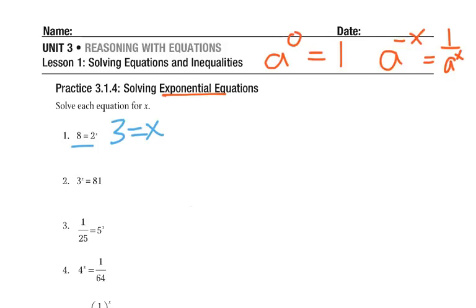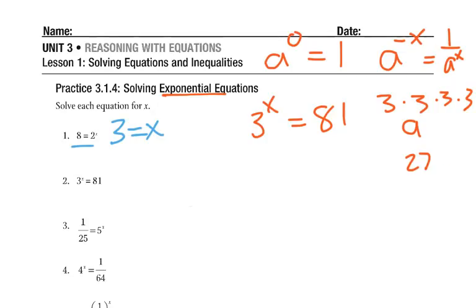So, looking at number 2, we have 3 to the x equals 81. Well, is 81 3 to some power? 3 times 3 is 9, times 3 is 27, times 3 is 81. So 81 equals 3 to the fourth, so x equals 4.